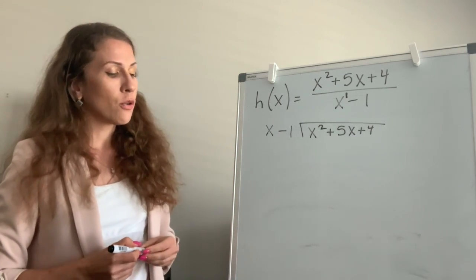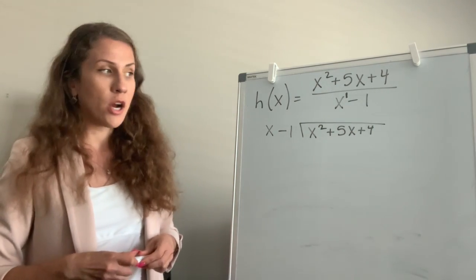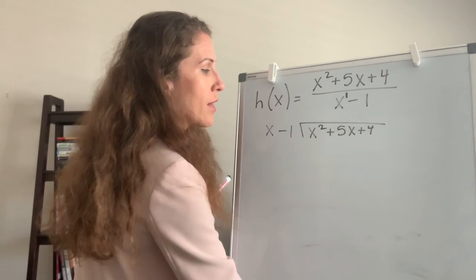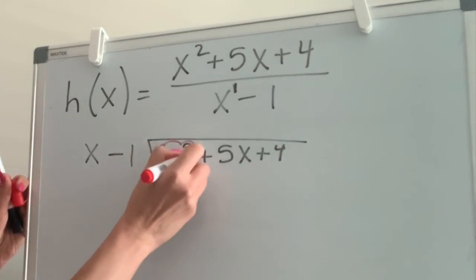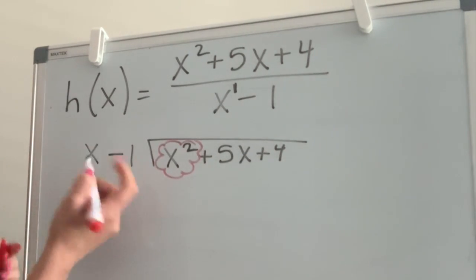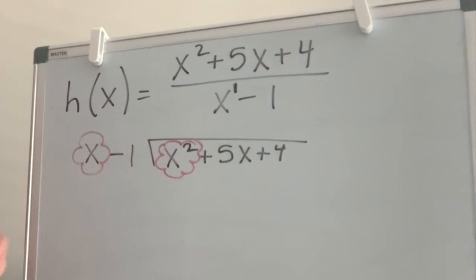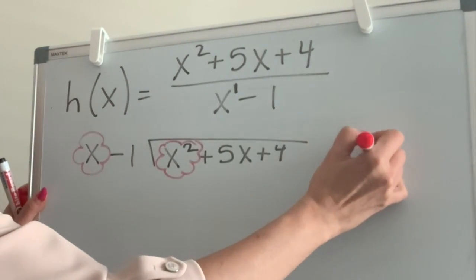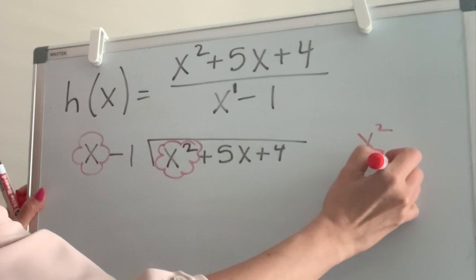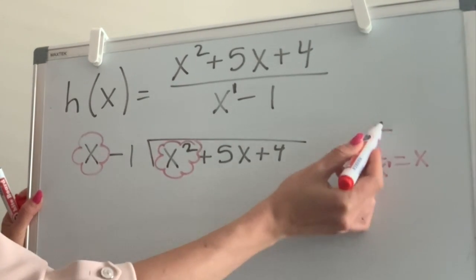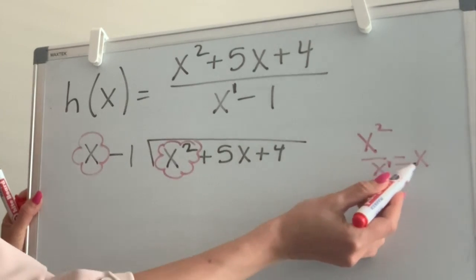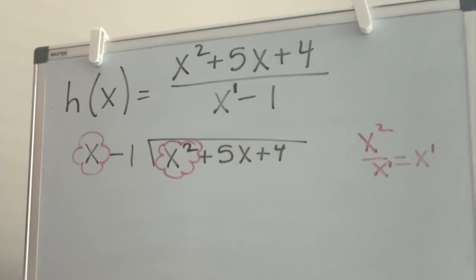The steps for long division are, you're going to take the first term inside of the box, which is x squared, and divide it by the first term outside the box, which is x. I'm going to do this work on the side here: x squared divided by x is x, because we subtract the exponents when we divide. 2 minus 1 is x to the power of 1, which is just x.